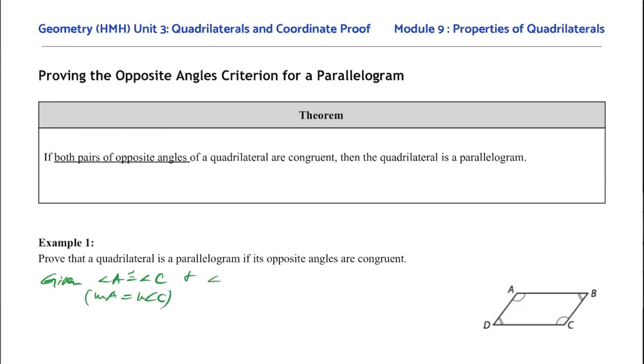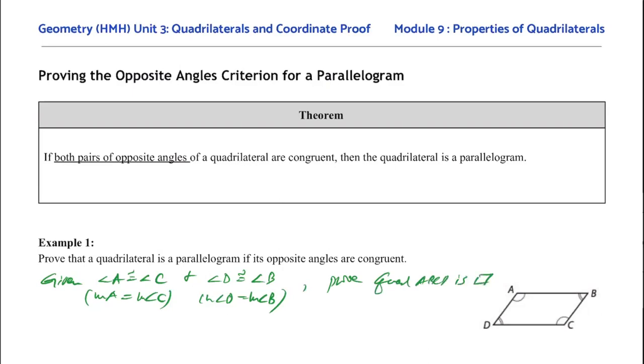And we know that the measure of angle D is equal to the measure of angle B. Given that information, we're supposed to show that the quadrilateral ABCD is a parallelogram.